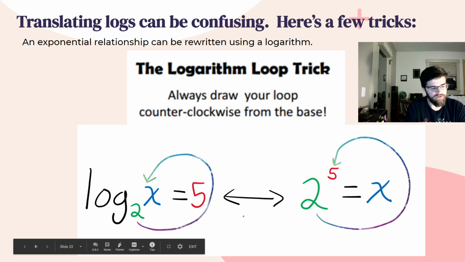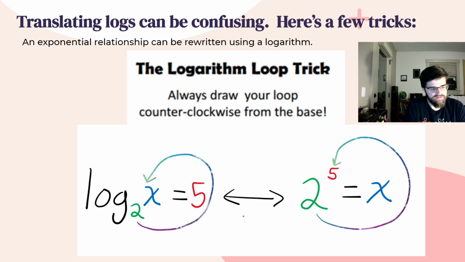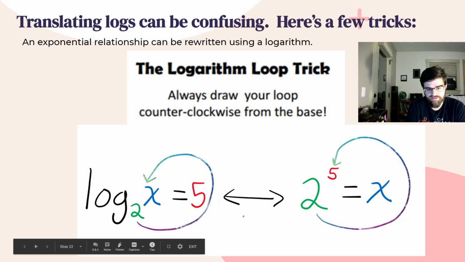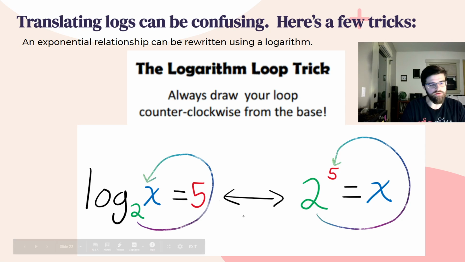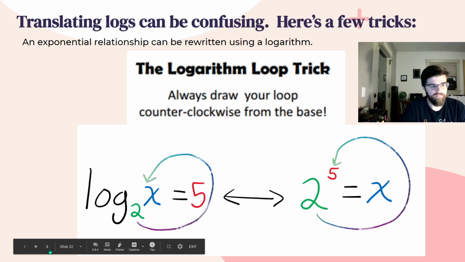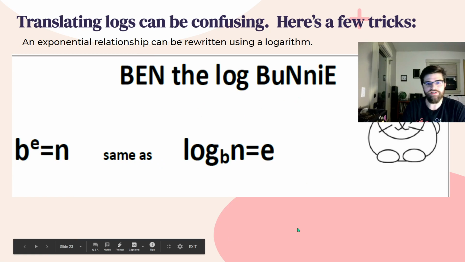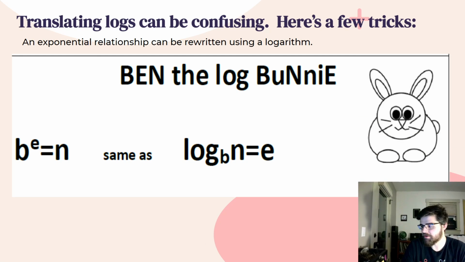So I'm looking at this log, and I'd say it out loud. I'd say, all right, so base of 2 to the 5th power is equal to x. And the loop also works the other way around. So log base 2 of x is equal to 5. So the loop can help you. That's one way to do it. Another way I've learned is Ben the log bunny.